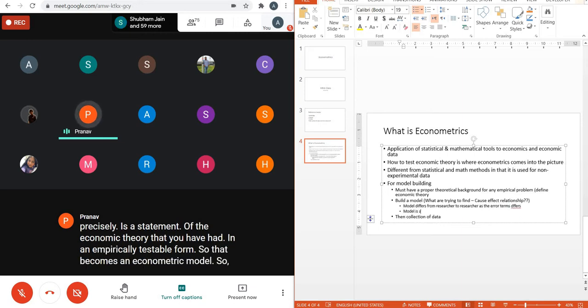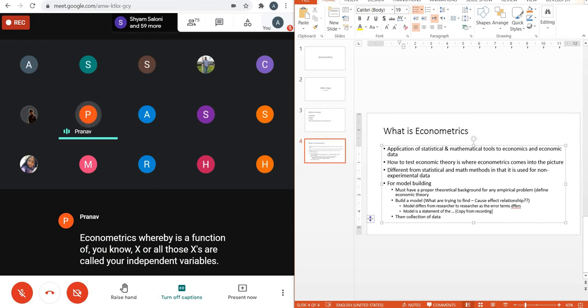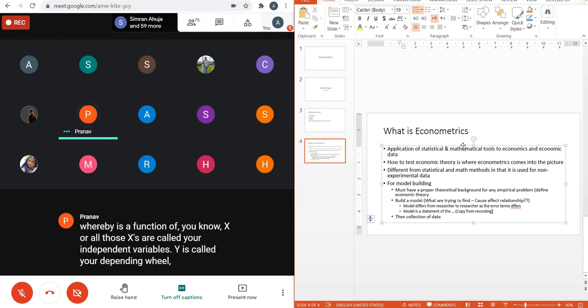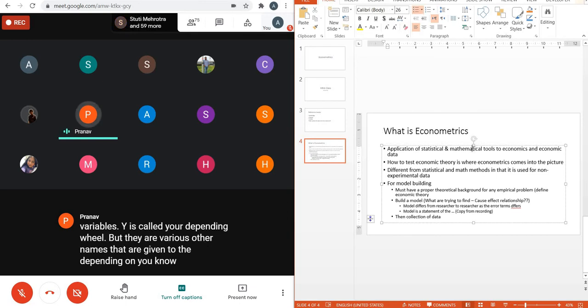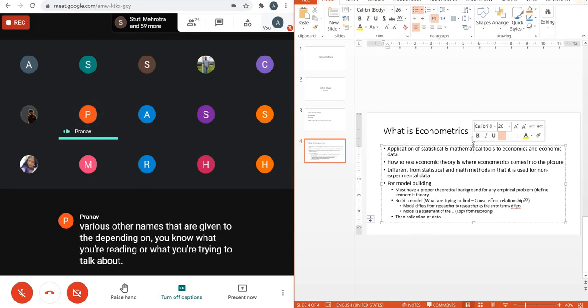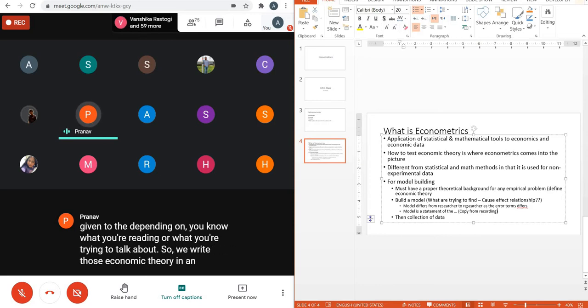So when I write, let's say, a very common terminology used in econometrics is that y is a function of x, or all those x's are called your independent variables. Y is called your dependent variable. There are various other names that are given to them depending on what you're reading or what you're trying to talk about. So we write those economic theory in an empirically testable content that is called your econometric model.